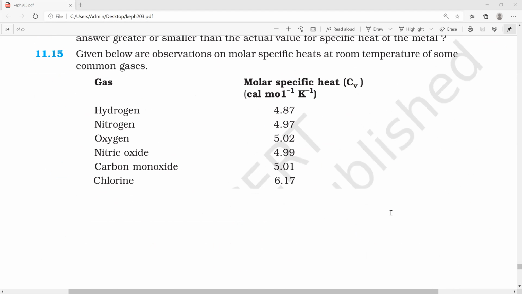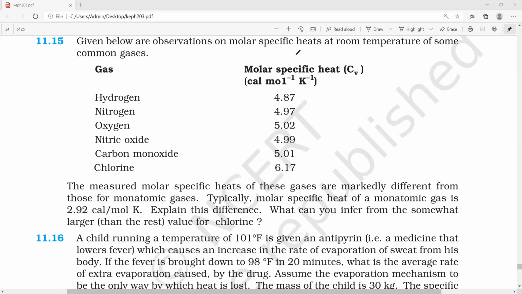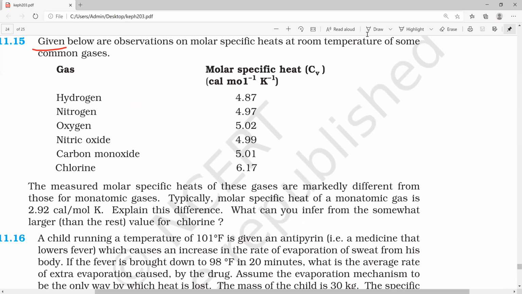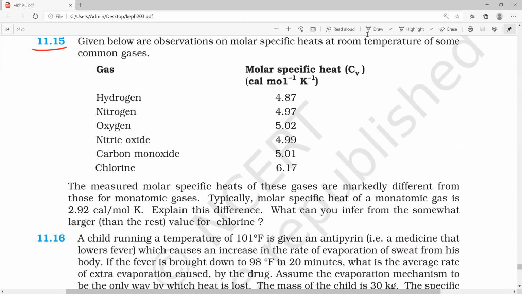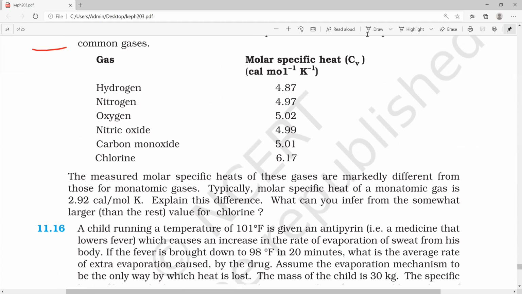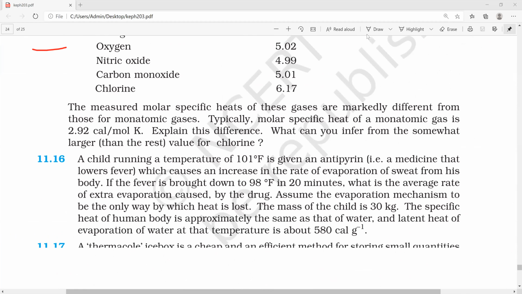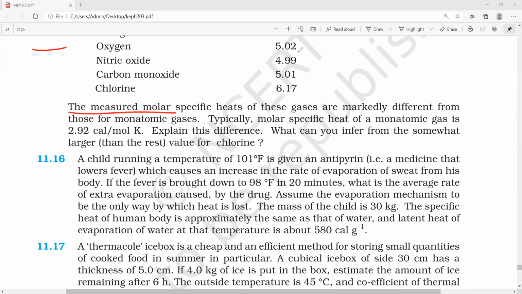So they have given some data. So what they have given in 11.15: given below are observations of molar specific heat at room temperature of common gases. From that, the measured molar specific heat of these gases are markedly different from those for monoatomic gases.